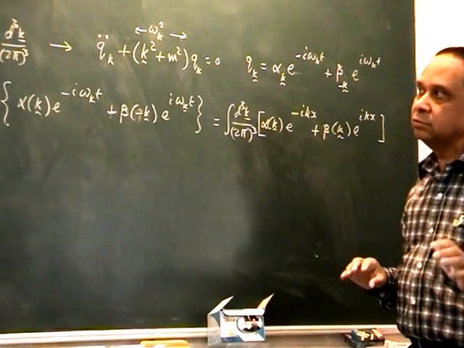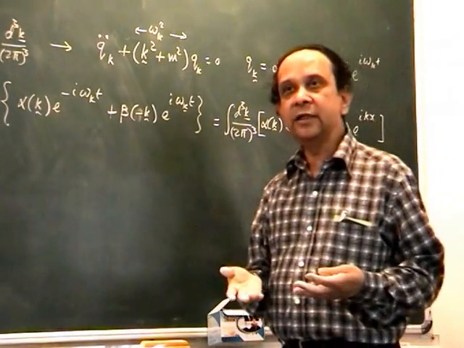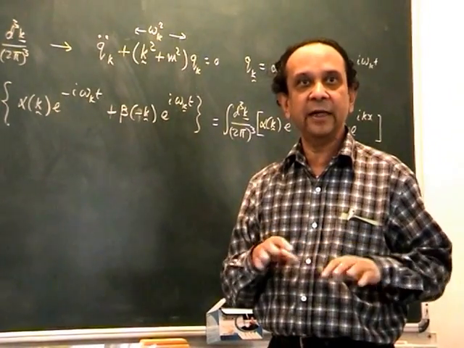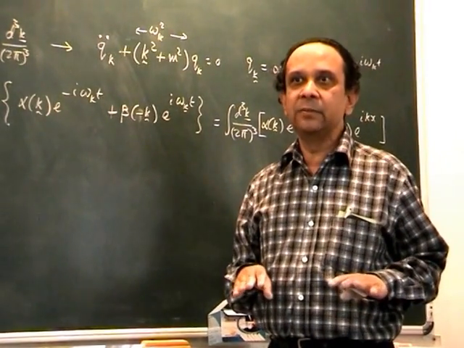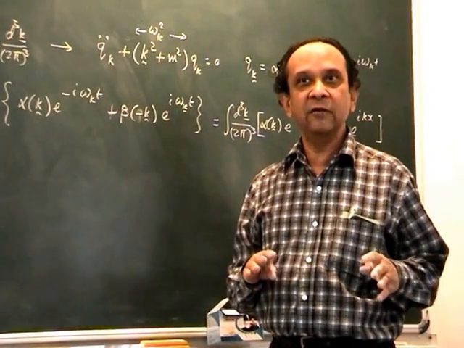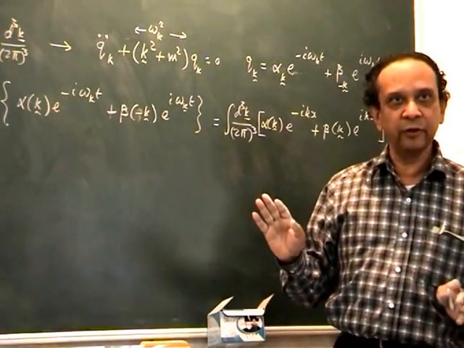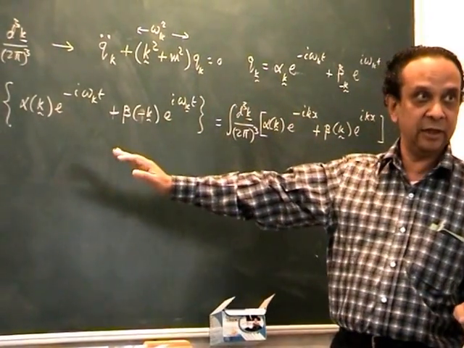Now I think this concept of negative energy solutions and positive energy solutions and things going backward in time, forward in time, etc. is historically very important and physically completely confusing concepts. So I am not going to go into that. These are just solutions to the mode function.